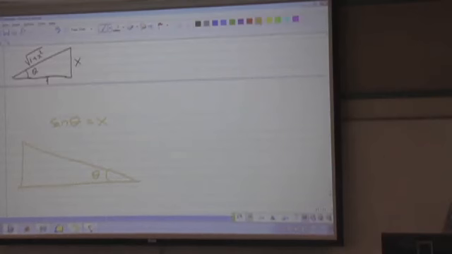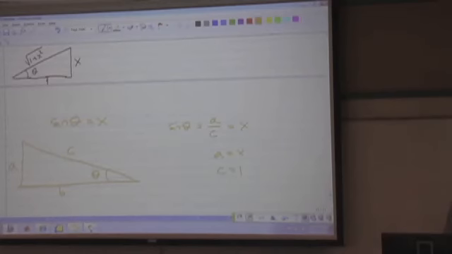It's the opposite over the hypotenuse, right? So if I name these A, B, and C, sine of theta has to be A over C, which equals x. What can possibly be A? What can possibly be B? The only way they can work is if A is equal to x, sorry, not B, C, and C is equal to 1.